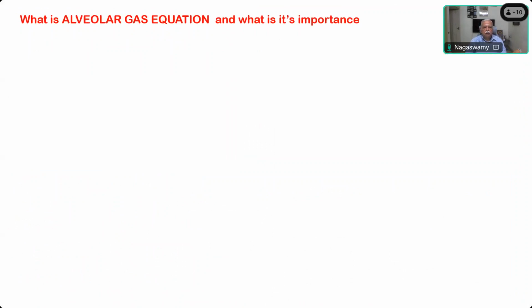So what is alveolar gas equation and what is its importance? It is used to calculate alveolar arterial gradients. Gradient, very good.